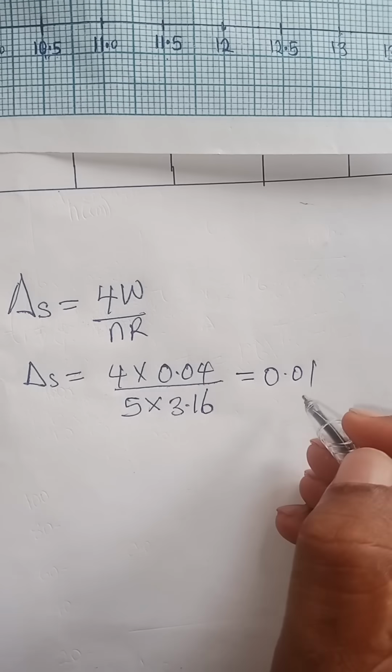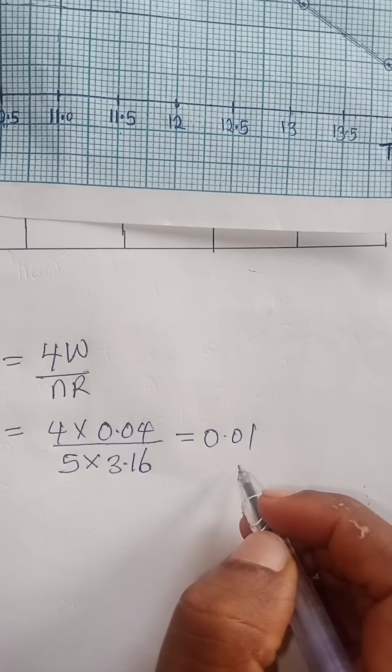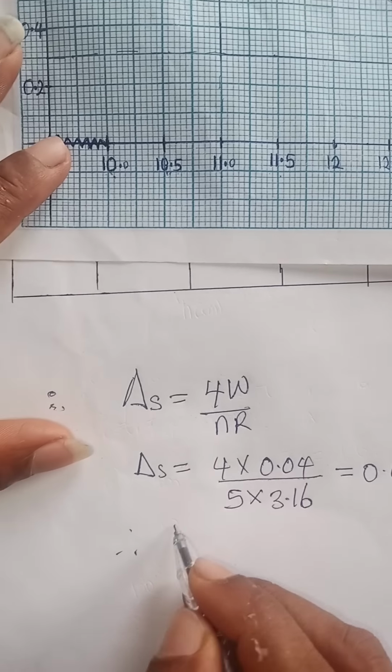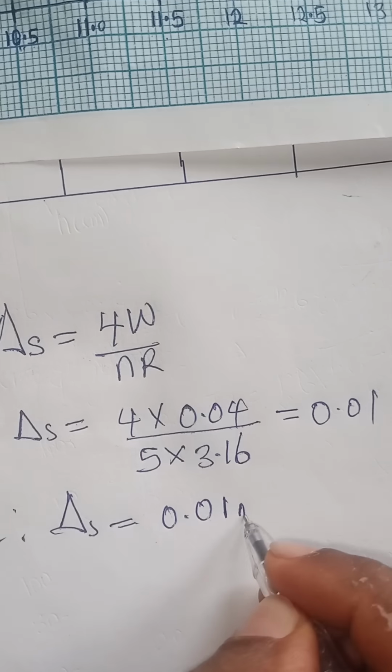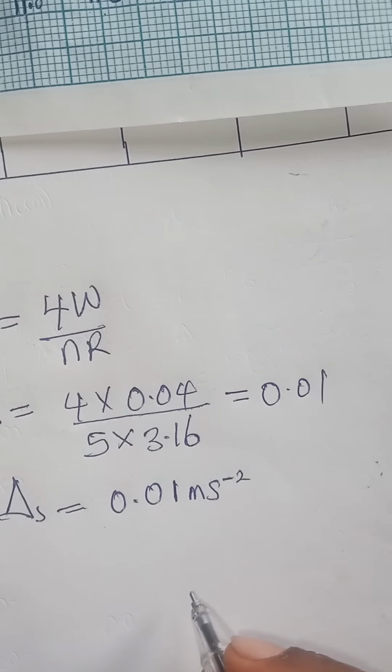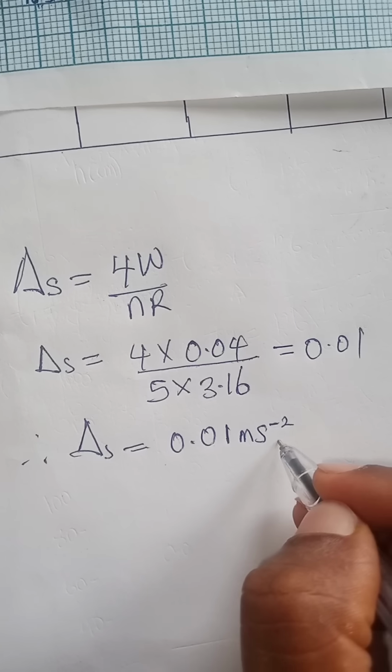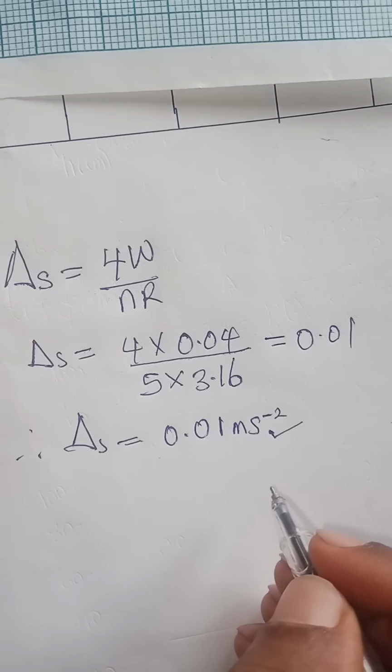So the error in slope is 0.01, then the unit is this. This is my error in slope.